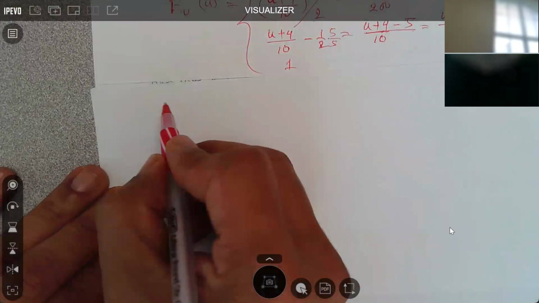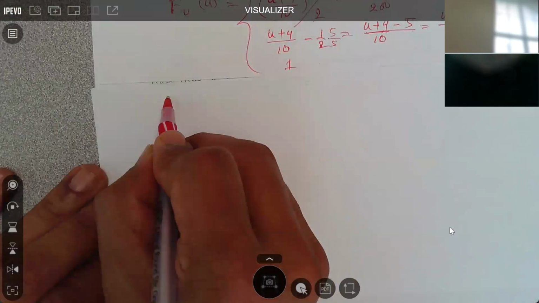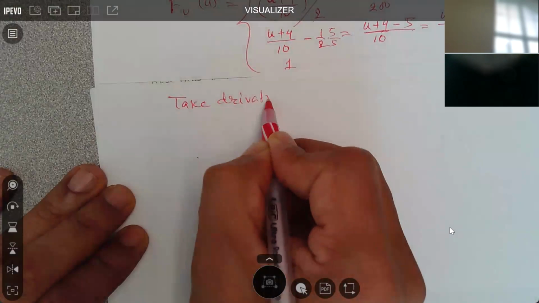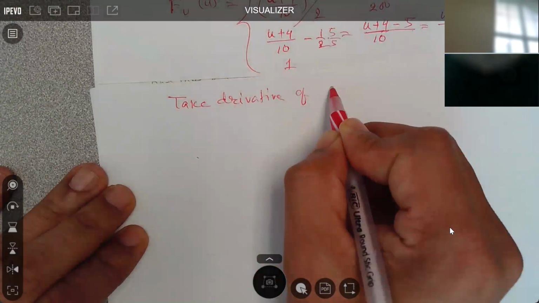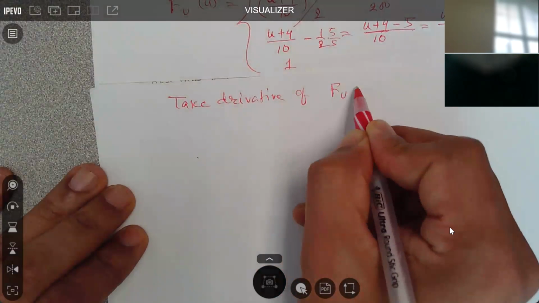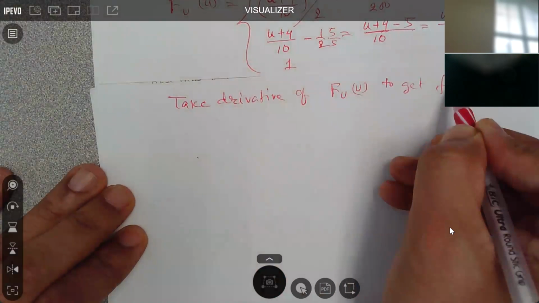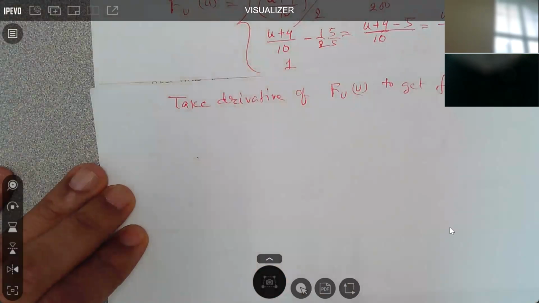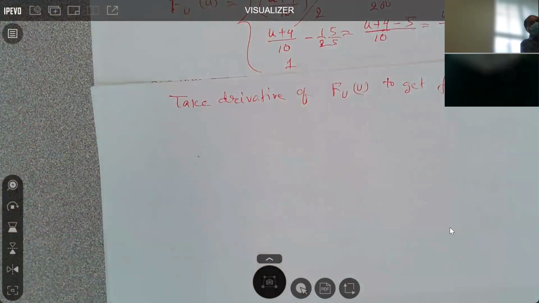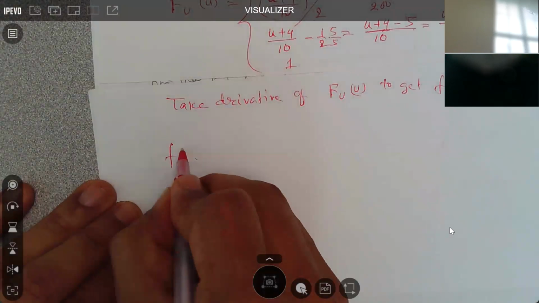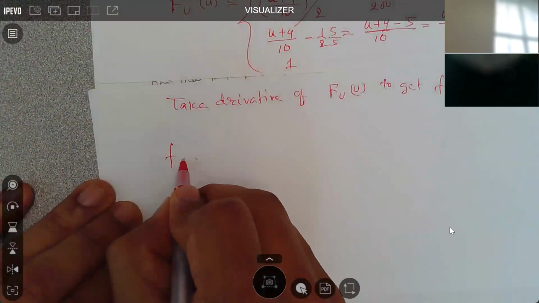Now you have to take the derivative of F(u) to get f(u). Take the derivative of the CDF to find the PDF, right?